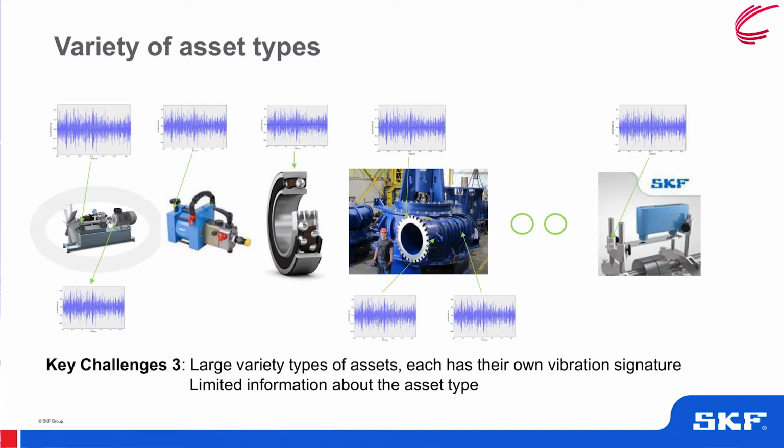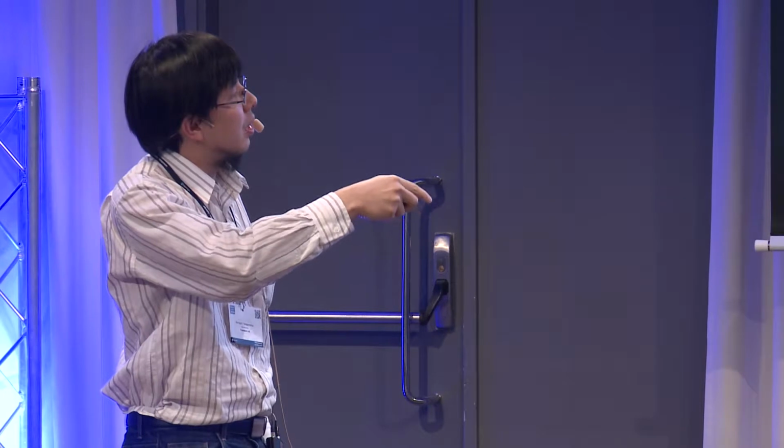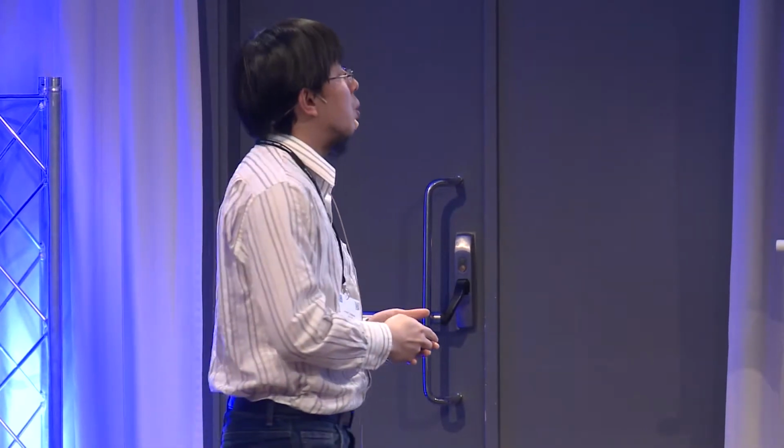The decisions are not recorded in the data. So these are the challenges. And this figure here just illustrates that you have a variety of assets with different numbers of measurement points. Okay, these are the 2 key challenges.